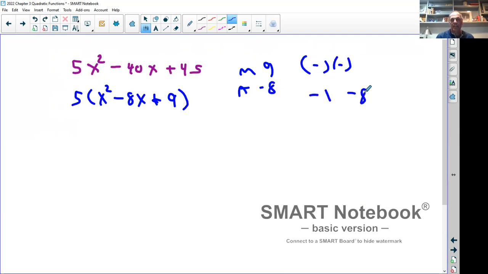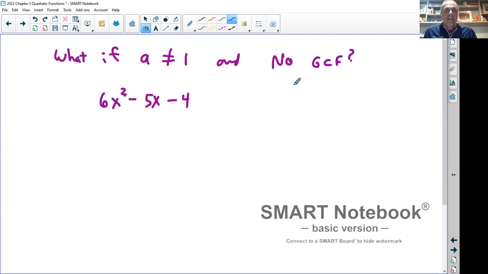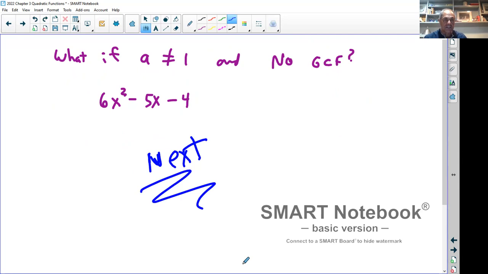So -1 and -8. Keep the 5: 5(x - 1)(x - 8). Now, what if a is not equal to 1 and there's no GCF? Well, that is what comes next. So you have to be patient and wait for our next one.